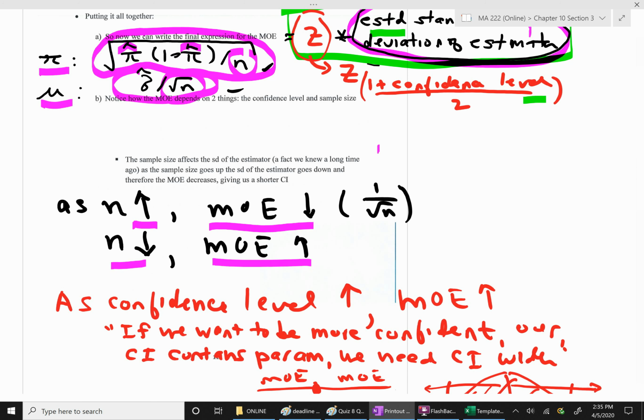How does the confidence level come into play? Well, the confidence level is those numbers that we give when we're talking about the confidence, the 95, the 99, the 90, okay? And as the confidence level increases, the margin of error, our error bar, also has to increase.